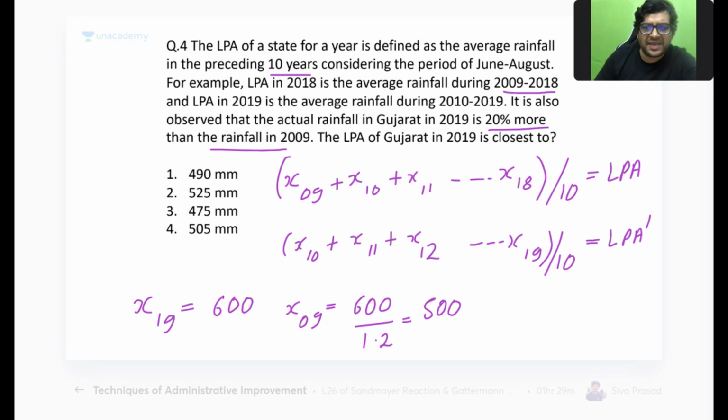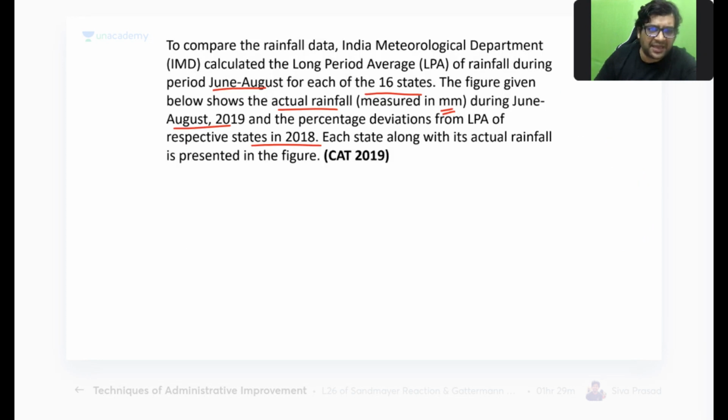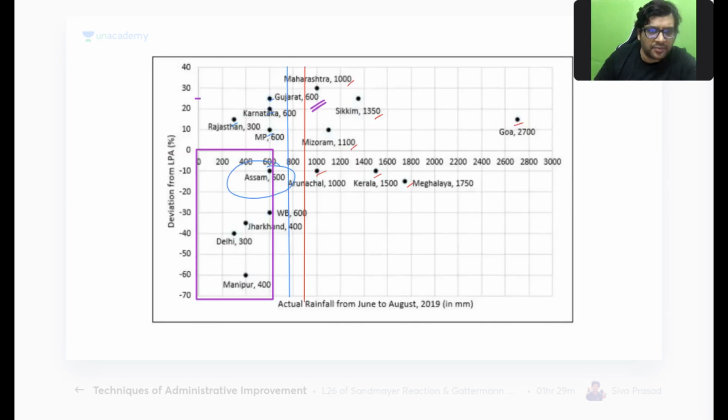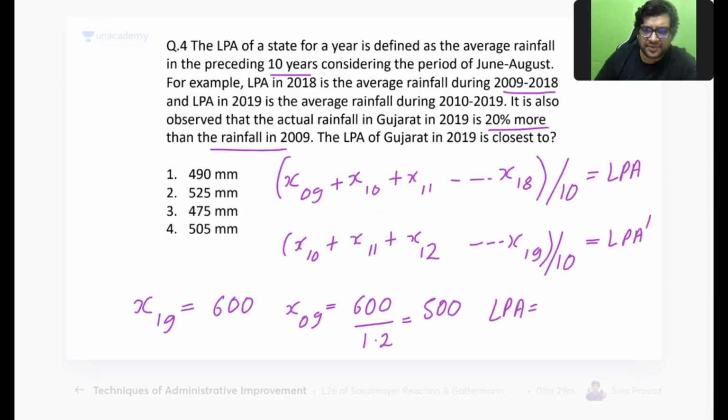Then what is the LPA? The deviation from the LPA is of 25%, which means the LPA is actually 600 by 1.25. That is effectively 4 by 5 of 600. That's 600 by 5, 120 into 4. This comes out as 480.